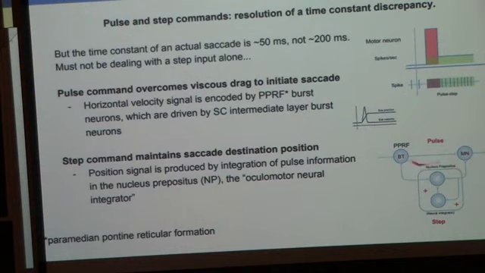Important things to know here is that the pulse command that's sent is helpful because it helps overcome the viscous drag and initiate the saccade, whereas the step command maintains the saccade because you have this continued firing.